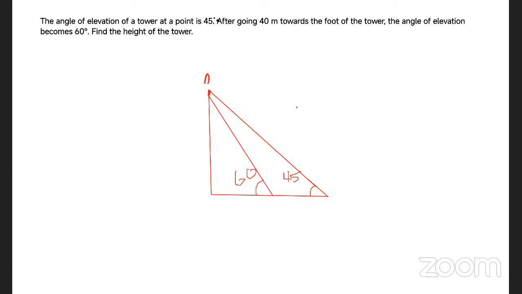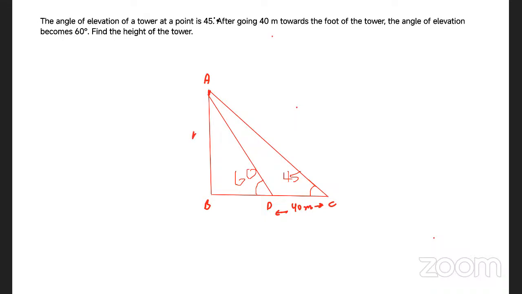Okay, it's correct. Now I will take it. Correct, Jawan. Good. Okay, so this is the question. The question is saying that there is a triangle ABC, and at a point it's making a 45-degree angle of elevation to the top of the tower, and then after moving 40 meters towards the tower, it makes an angle of 60 degrees.